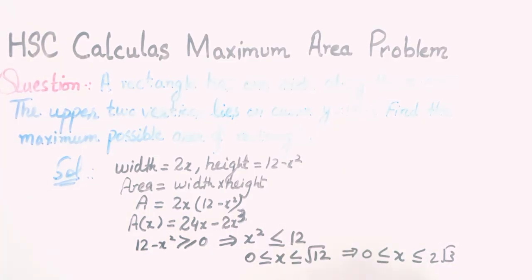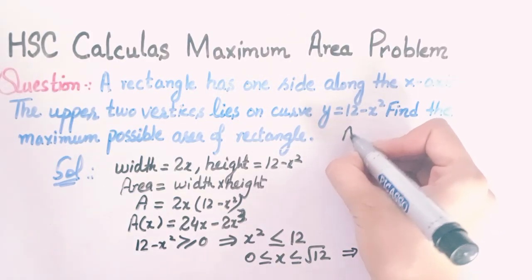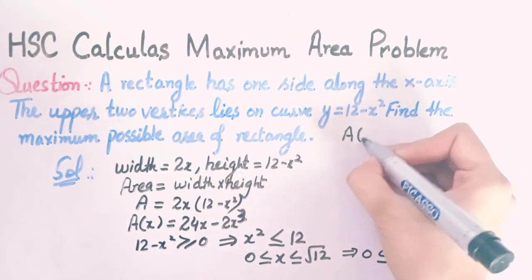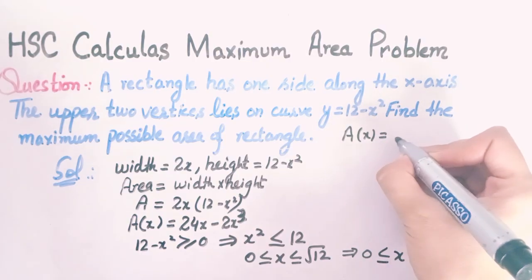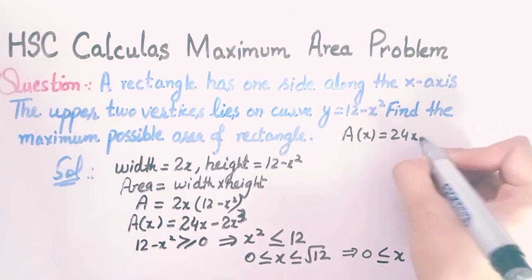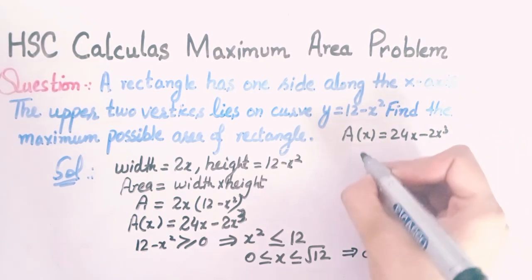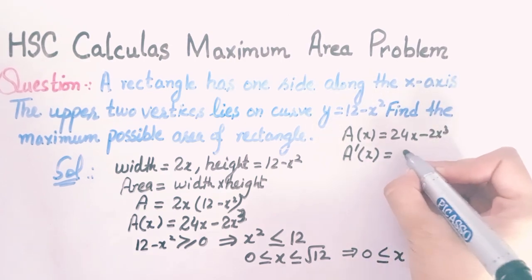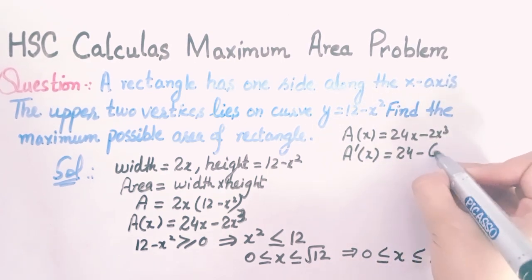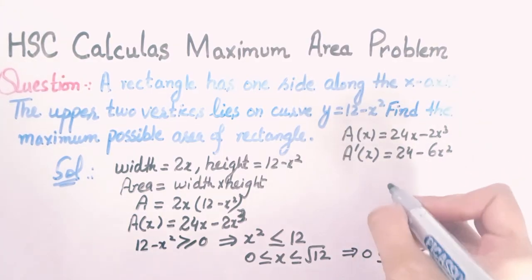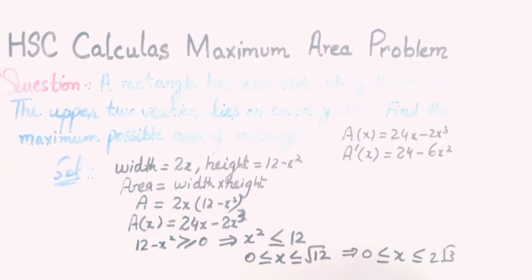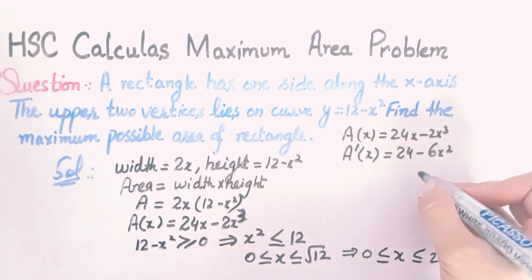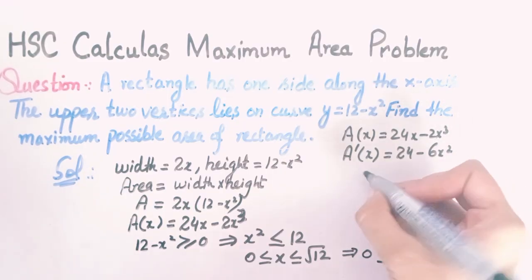Now we have the area, write this here: area equals 24x minus 2x cubed. Differentiate this and it will become 24 minus 6x squared. Now we will set this equal to 0.